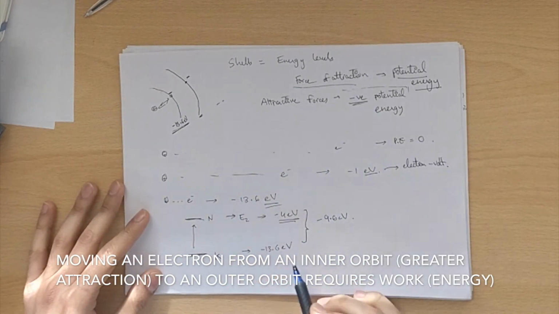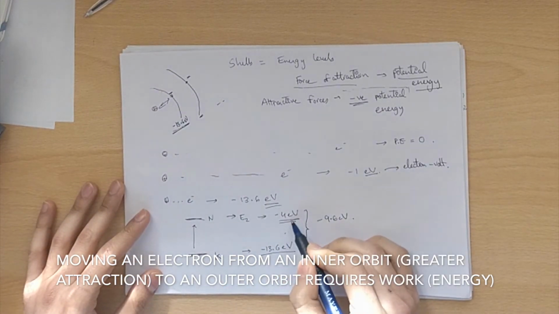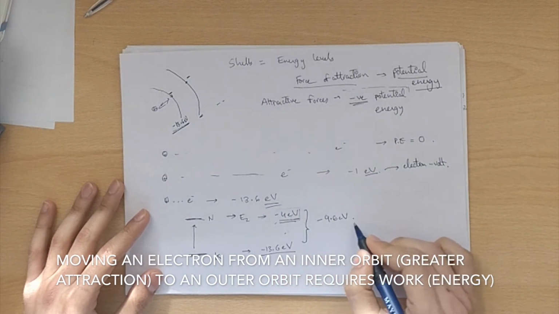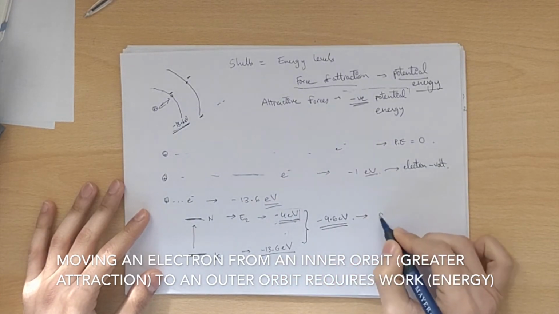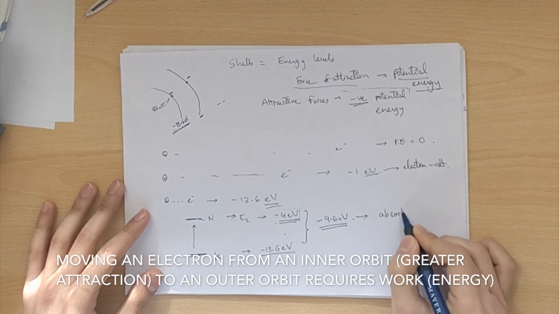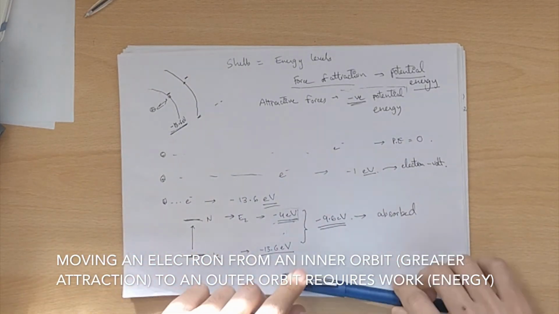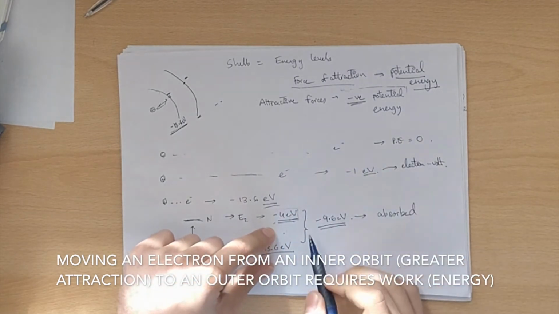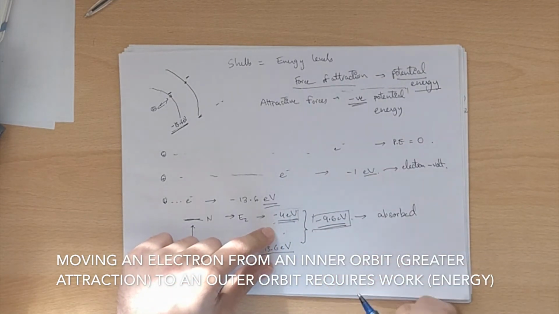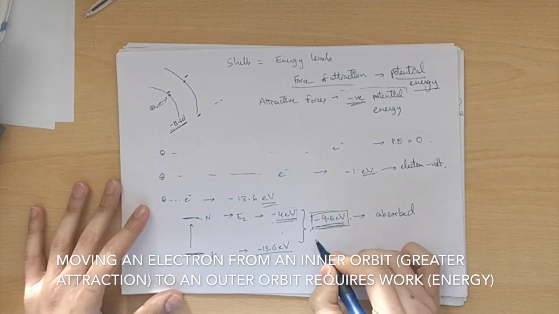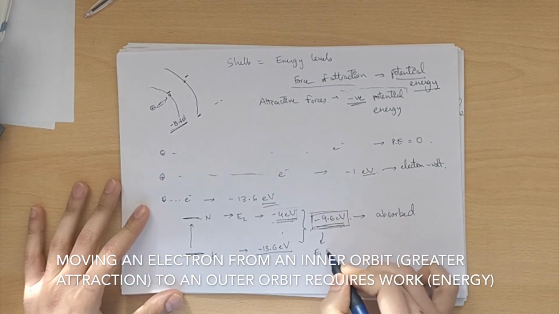So to jump from -13.6 to -4, which is a higher value of energy, this amount of energy needs to be absorbed, right? Because you're going from a super low energy, -13.6, to a slightly higher energy. This is the gap. Please check my math on this, but for now let's assume this is the gap, so that's E1 minus E2.